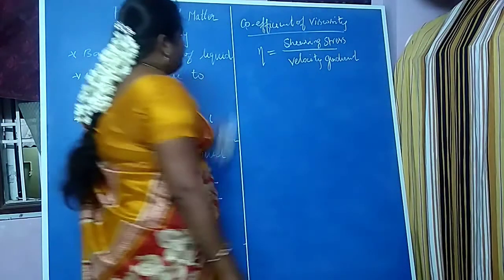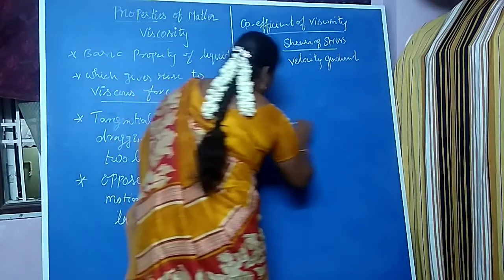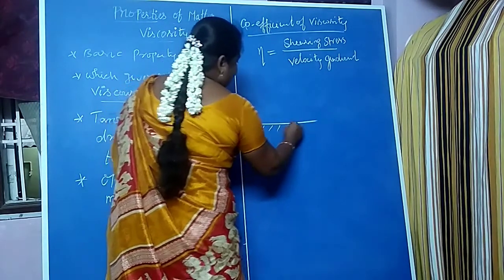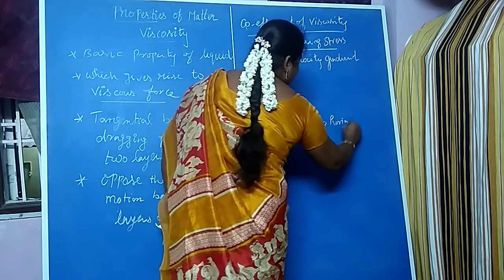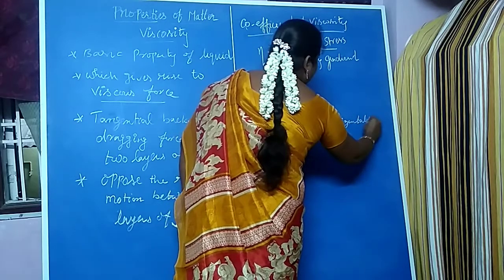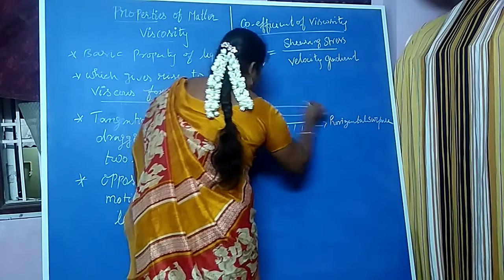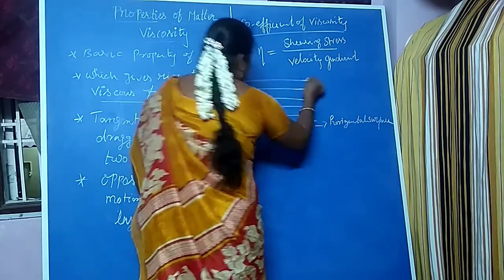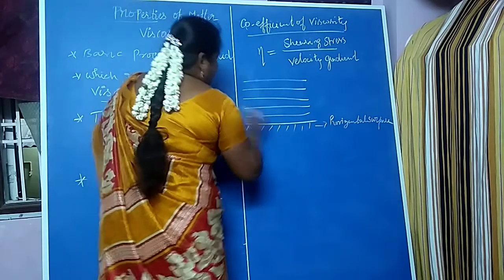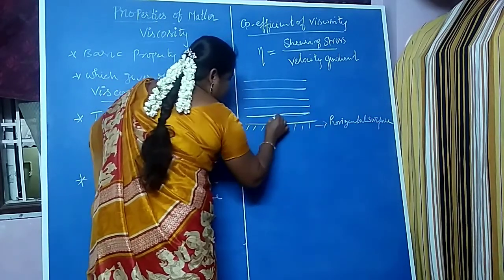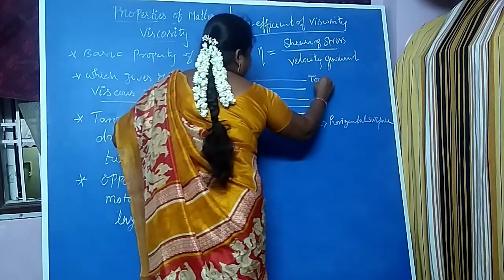So we can find out the coefficient of viscosity. Let us consider a liquid flowing on a horizontal surface. The flow is streamlined, so it will have layers. This is the layer which is in contact with the horizontal surface. This is the top layer.